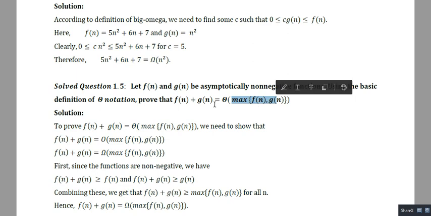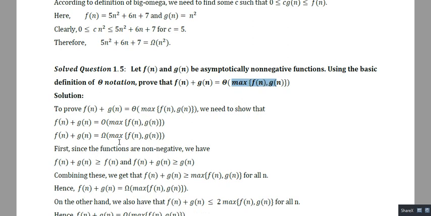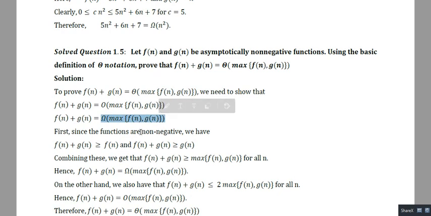Okay, so if I am able to prove this, then I can say f(n) plus g(n) is equal to theta of this, right? Okay, so clearly here I have written, to prove this particular thing, we need to show that this is big O as well as big omega, right? So now how to prove these two things, right?